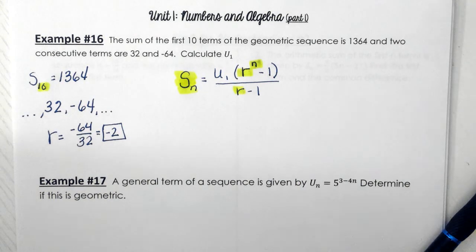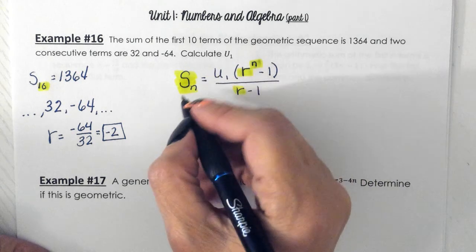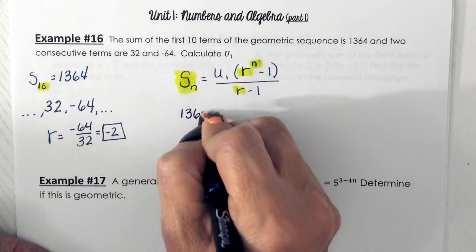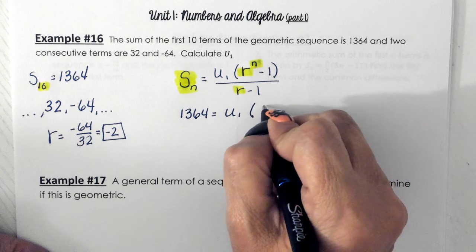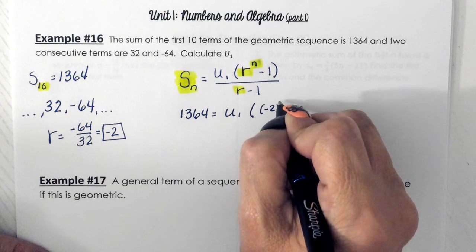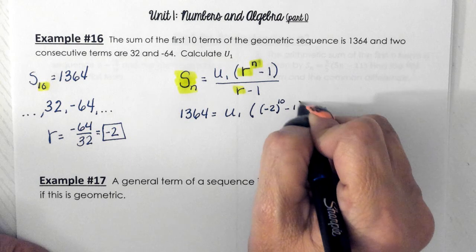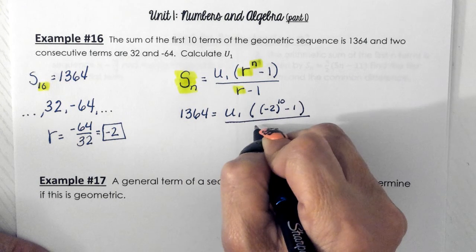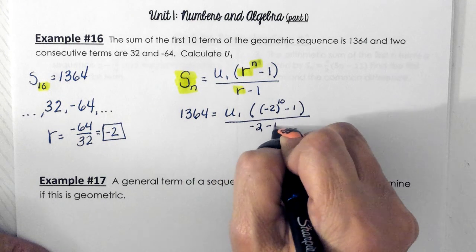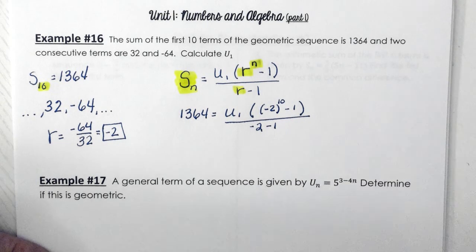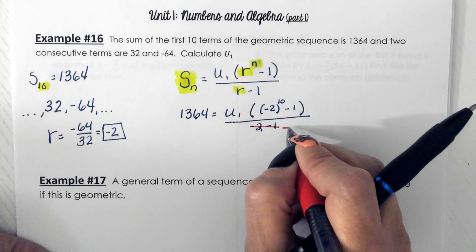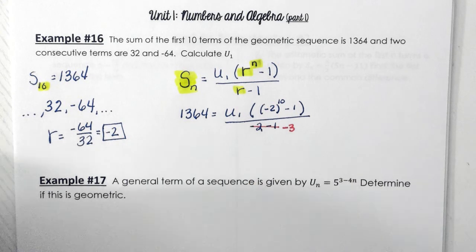This is just algebra. All right, so we're going to say 1,364 equals u sub 1 times negative 2 to the 10th power minus 1 all over negative 2 minus 1. Negative 2 minus 1 is going to give me negative 3.